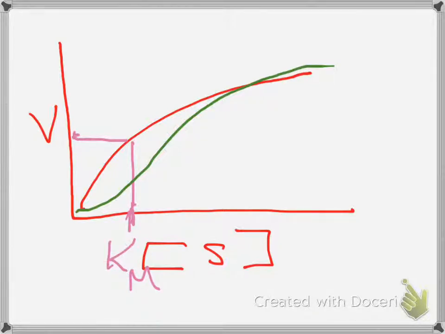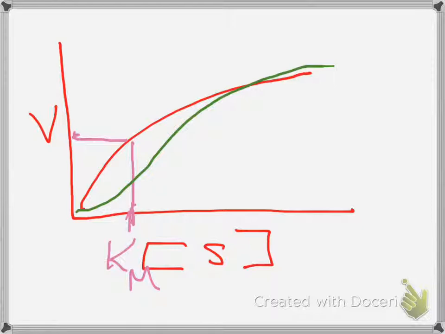And I'm not implying here that the liver enzyme has a higher Vmax. This is just an example of something that would have a weaker affinity, and it's allosteric. How do we know that this is allosteric? It's sigmoidal, okay? Remember, that was just a giveaway that it was allosteric. You can still get an apparent Vmax.